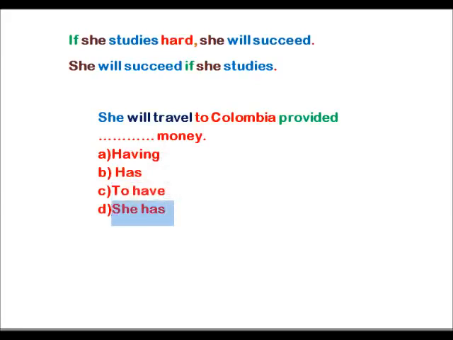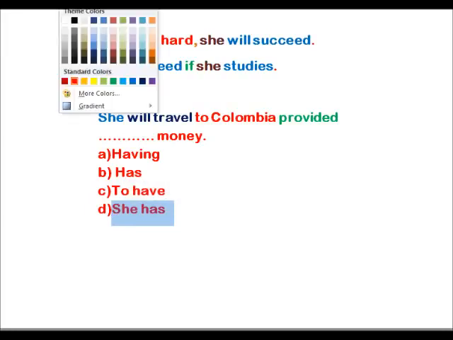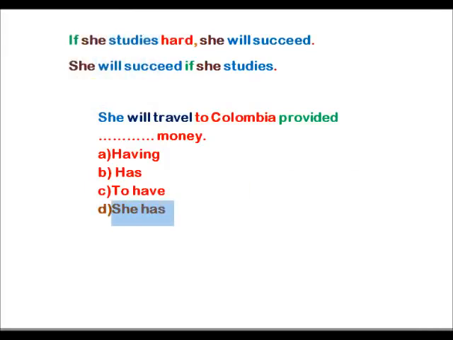Why? Because I need subject and verb, and this is exactly what I need. This is subject and verb, so this is the correct choice here. This is how the multiple choice questions come in the test. Okay, now fantastic. Let's move to something else here.